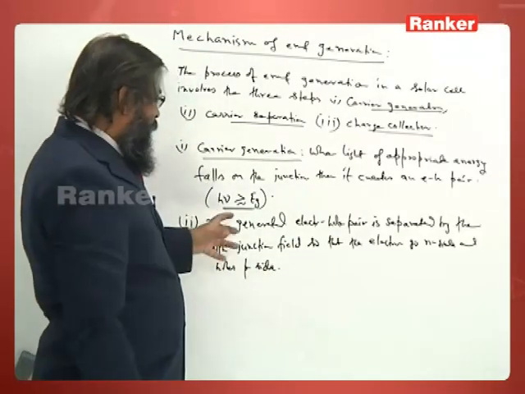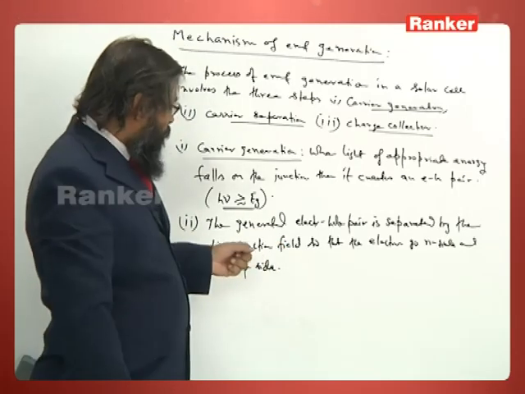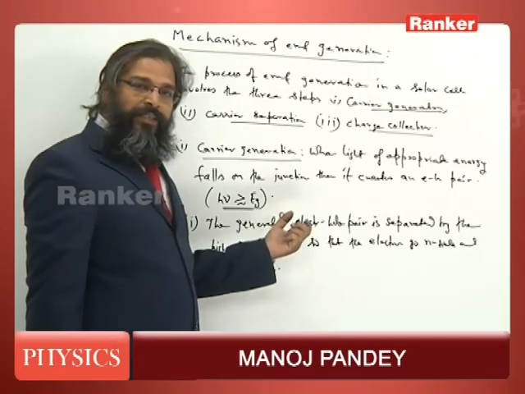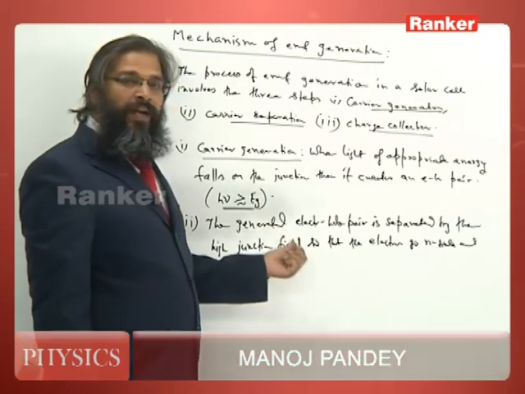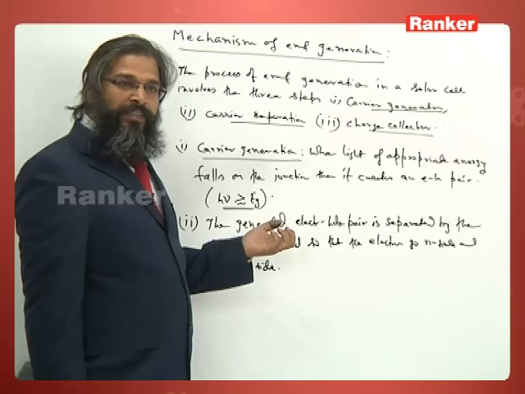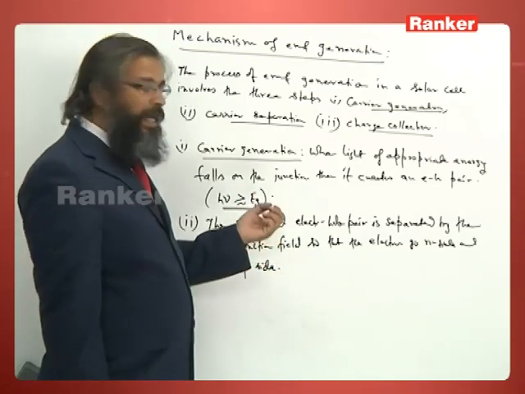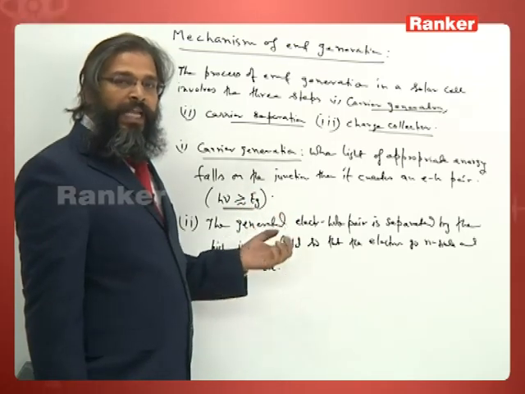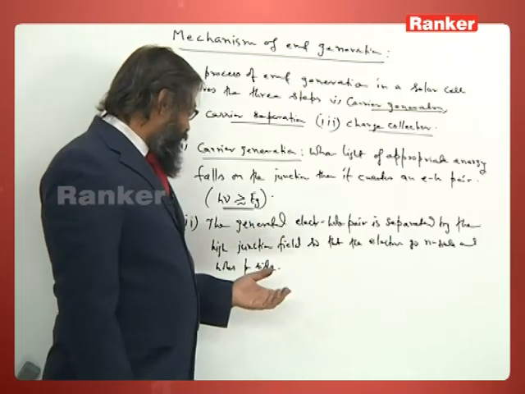You see, the doping level is very high so that the junction voltage is high. The doping level is so high so that the electron hole pairs can be created more and more.